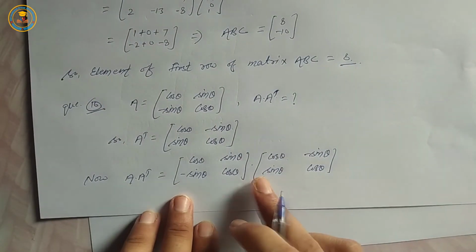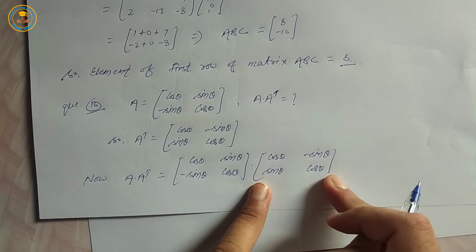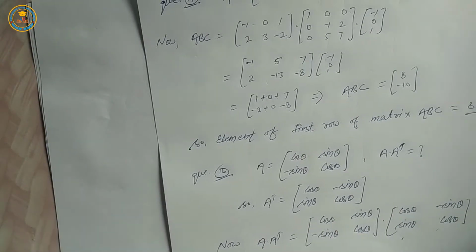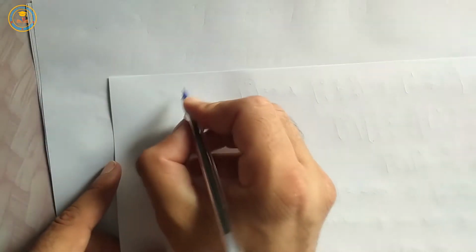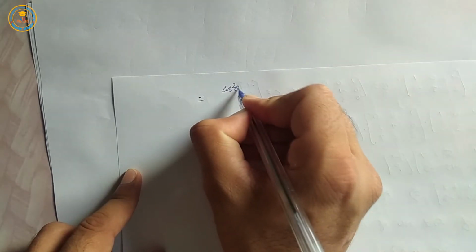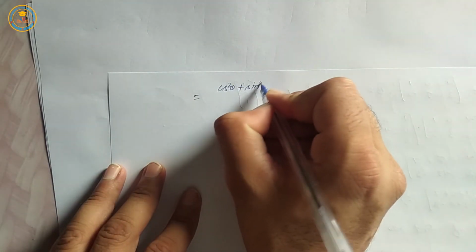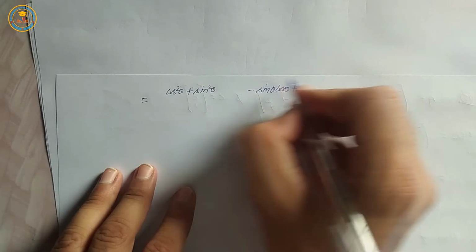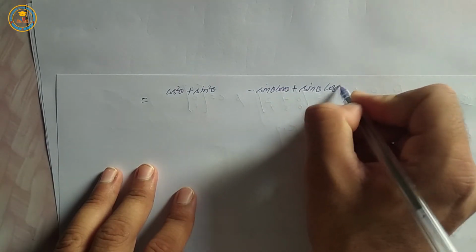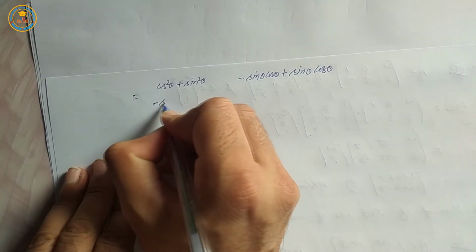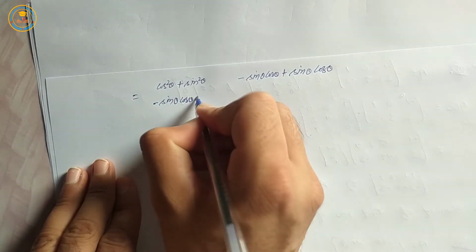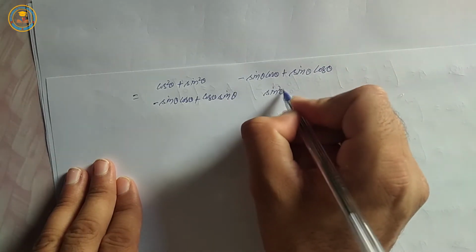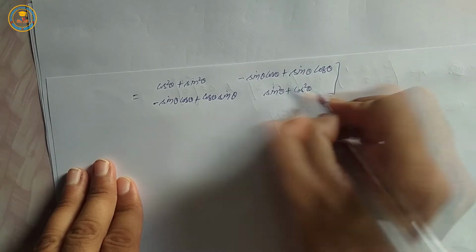Matrix A into transpose of matrix A, first row first column, first row second column. Okay, cos theta into cos theta, cos square theta, is equal to cos square theta plus sin square theta, and minus sin theta cos theta plus sin theta cos theta, minus sin theta cos theta plus cos theta sin theta, and sin square theta plus cos square theta.